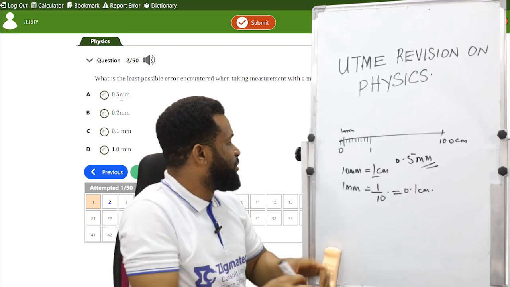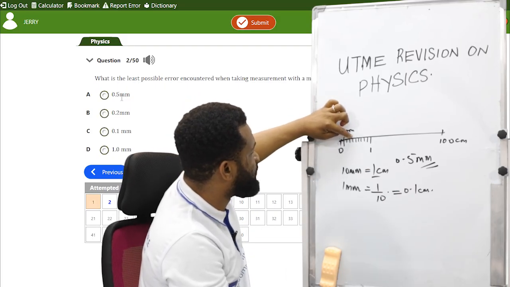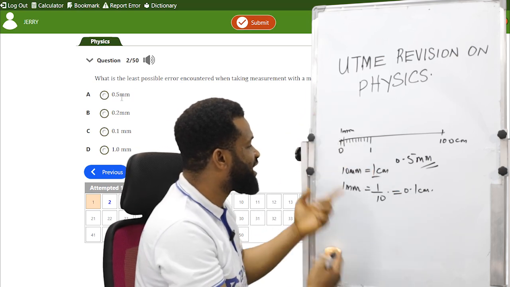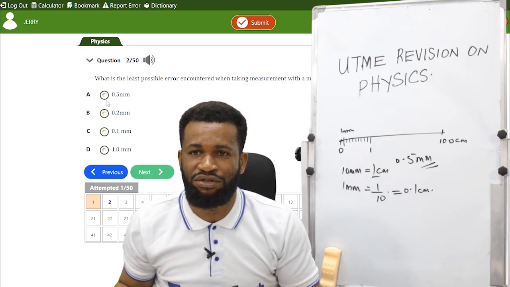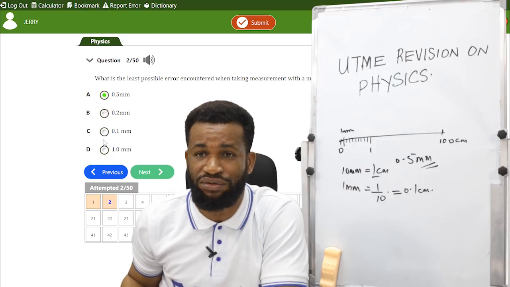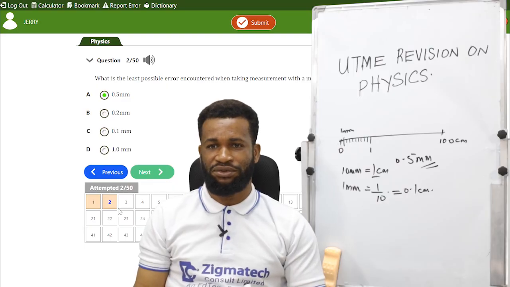And that is going to be the answer, because each one is 1 millimeter, 2 millimeter, 3 millimeter, 4 millimeter, 5, until you get to 10 millimeter, which makes 1 centimeter. So the option there is going to be 0.5 millimeter, and not 0.2, not even 0.1 or 1 millimeter. So the option is A.